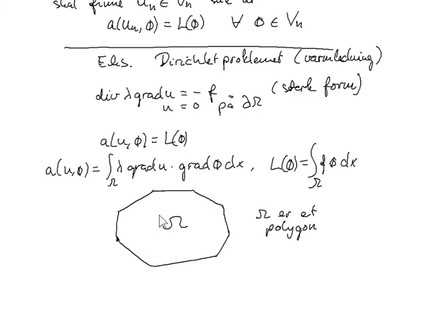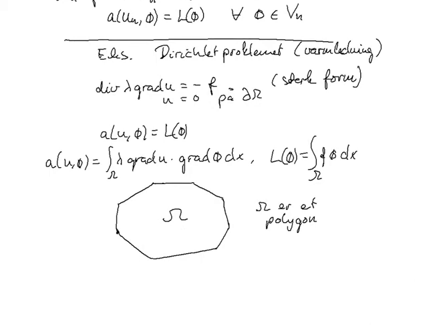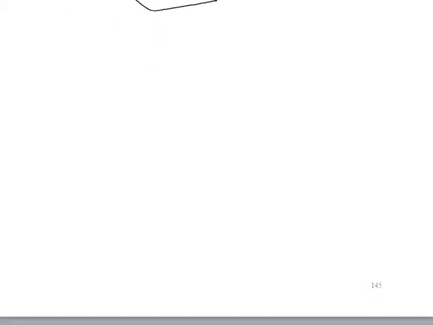Let us now assume that omega has a boundary which is a polygonal boundary, like I've tried to illustrate on this figure, and that this region may be, in this case, a convex domain, but this is not important for the method. It just simplifies it a little bit.